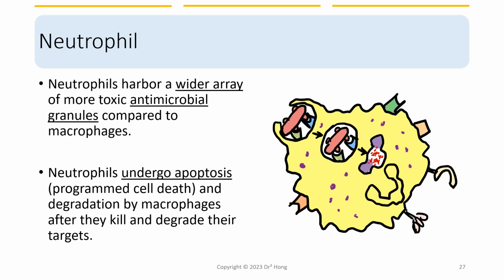However, neutrophils after phagocytosis will undergo apoptosis or programmed cell death, and eventually these leftover neutrophils will be degraded by macrophages. So notice this is the key difference between the phagocytosis process of neutrophils and macrophages.